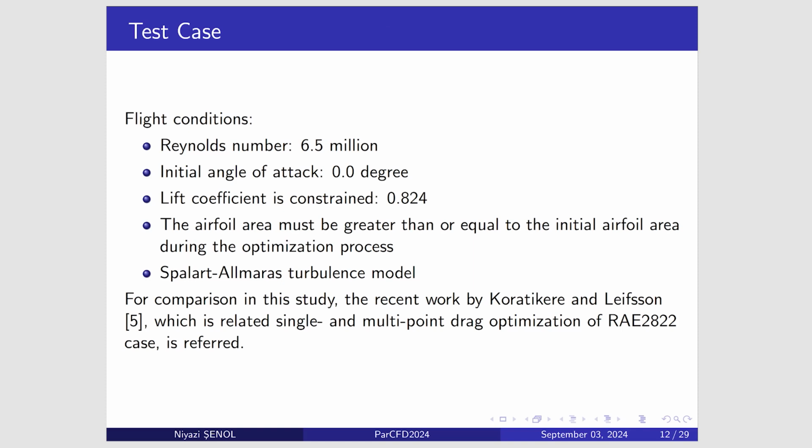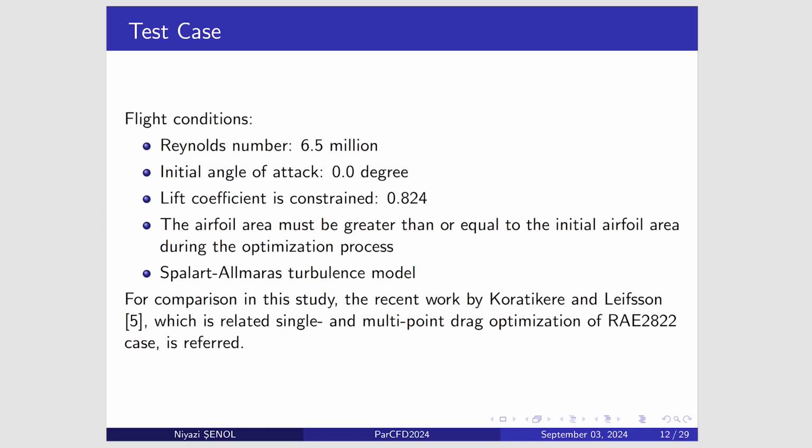And the third one is the geometrical constraint: the optimum airfoil area must be greater than or equal to the initial airfoil area. The turbulence model is Spalart-Allmaras.